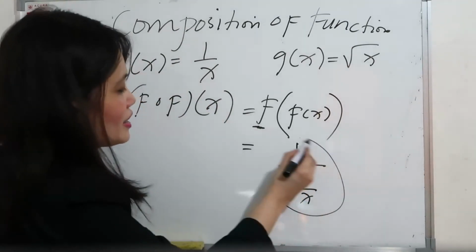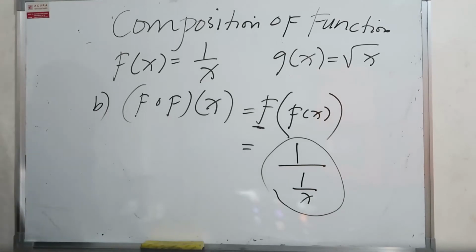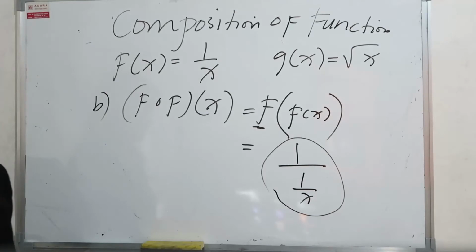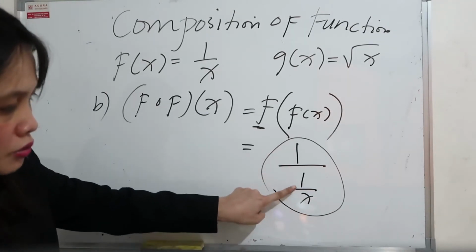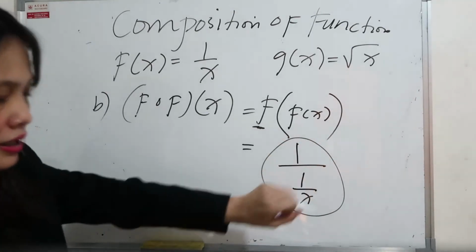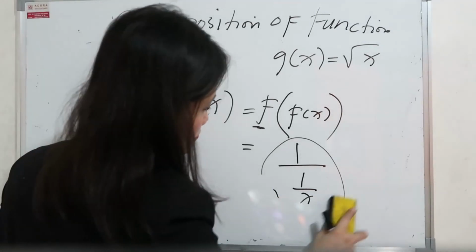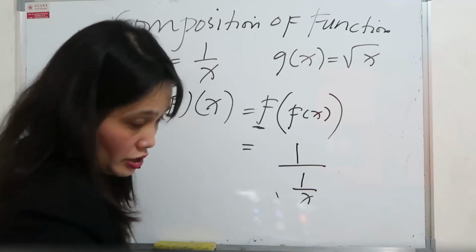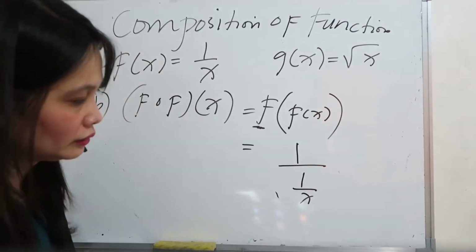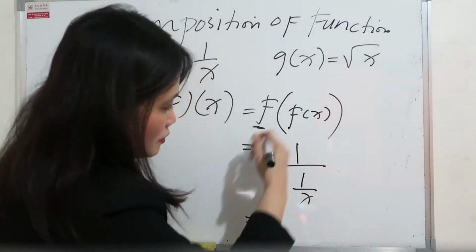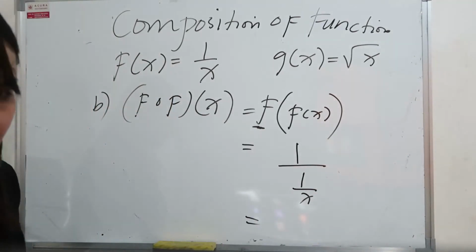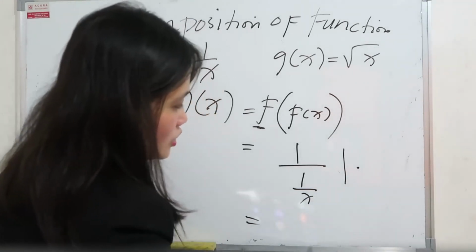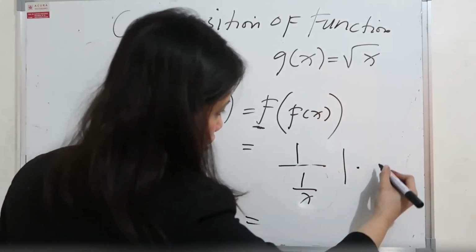So how do we simplify this? 1 over 1 over x. Get the reciprocal. So this will become 1 times the reciprocal of this, which is x over 1.